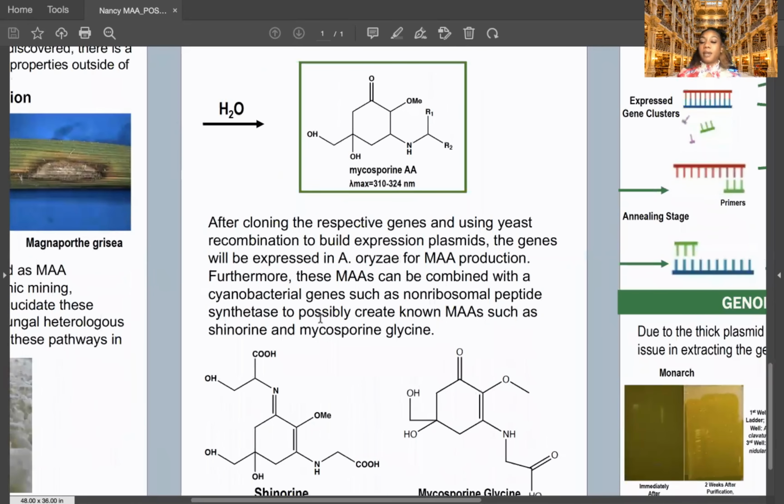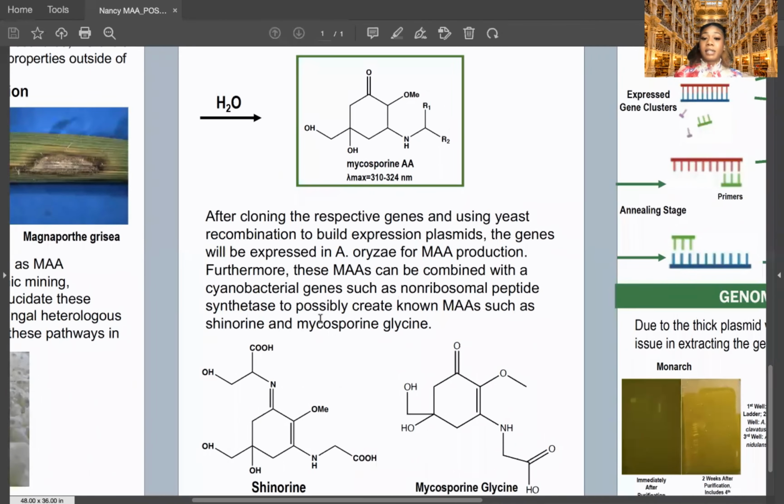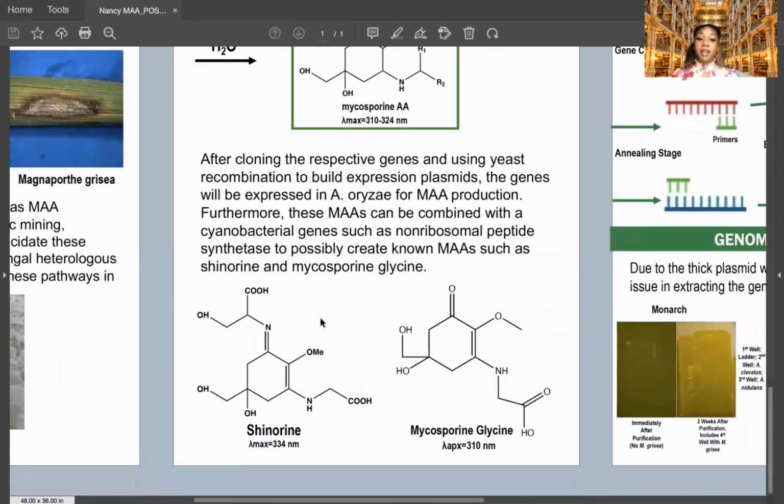Furthermore, after these MAAs are created, they can be combined with the cyanobacterial genes, such as the non-ribosomal peptide synthetase, to possibly create the known MAAs in nature, such as shinorine, which has the highest known absorbance of 334 nanometers, or mycosporine glycine, which has an approximate absorbance of around 310 nanometers.